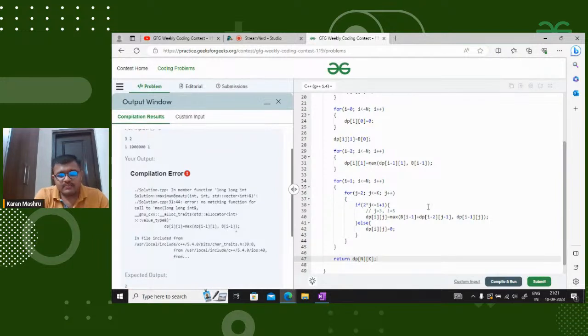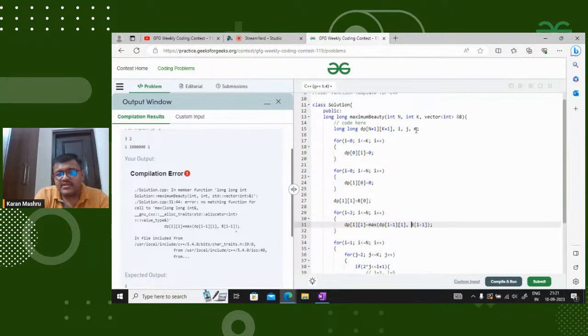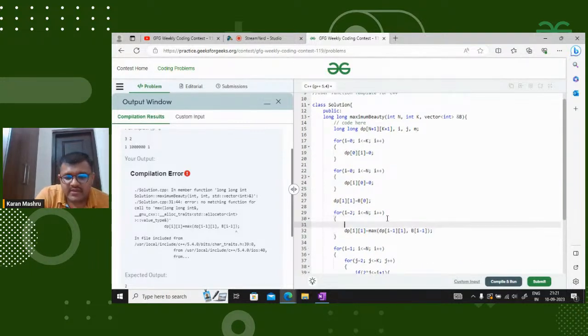Okay, so b of i is integer type, so that's why we are getting a problem. So let us take one variable m, so m is equal to b of i minus 1, and I'll replace b of i minus 1 with m.